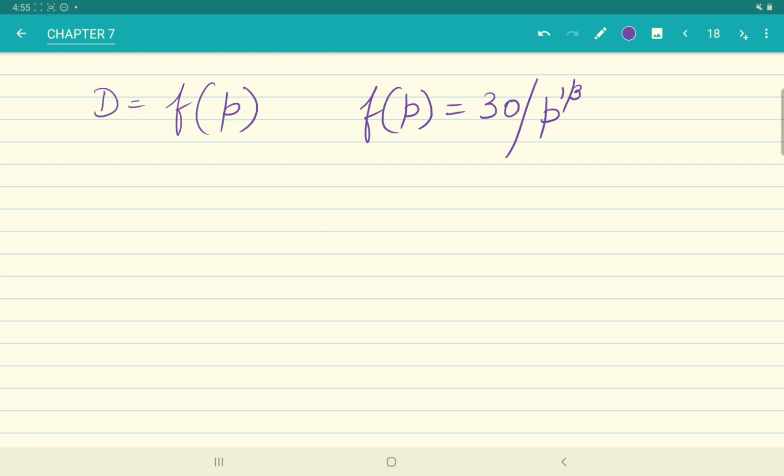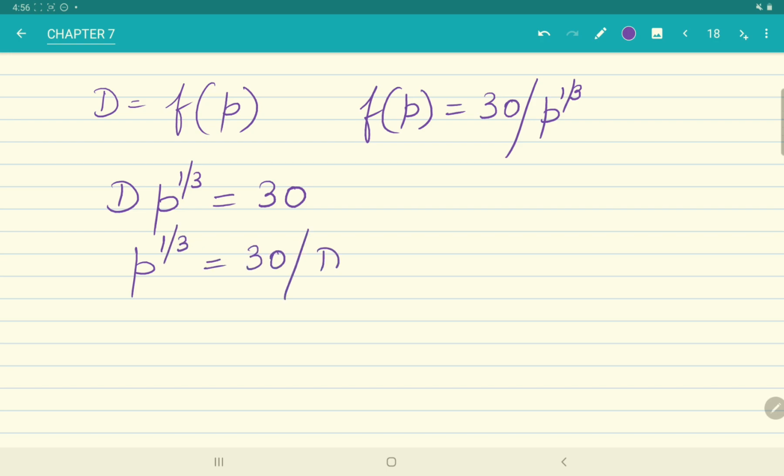That means from equation 1, I try to take out P. I can write P raised to the power 1/3 equal to 30 divided by D. And here I can take P raised to the power 1/3 raised to the power 3 equal to 30 by D raised to the power 3.